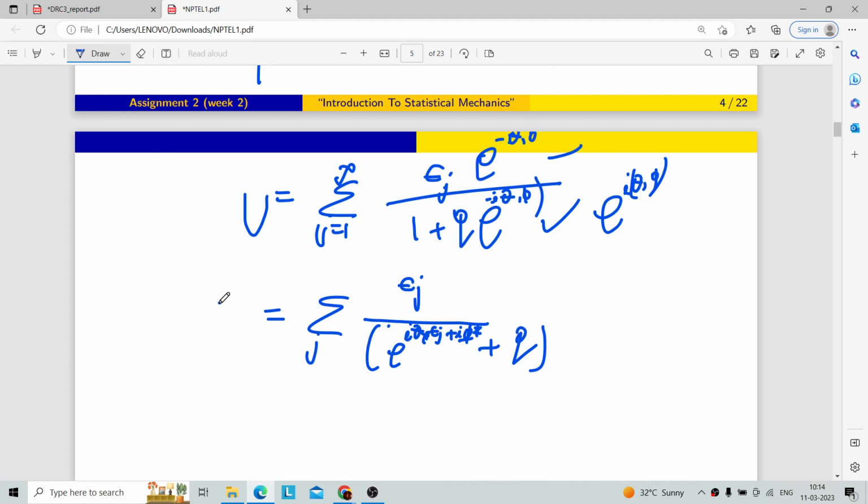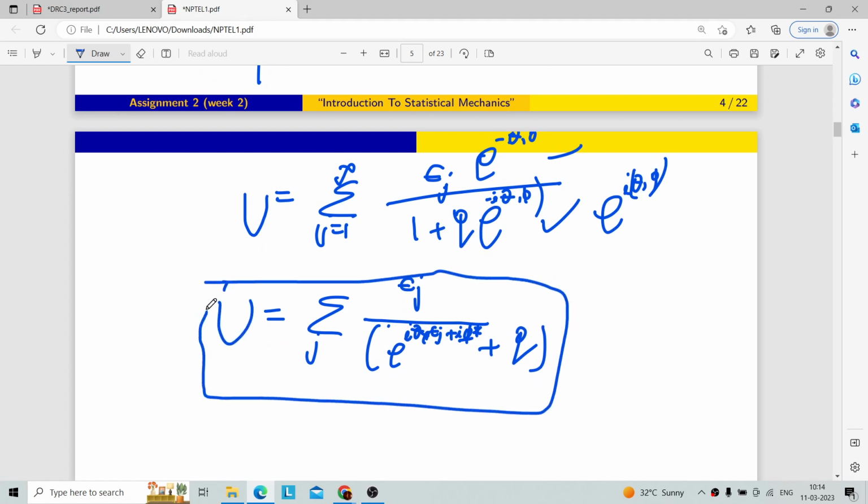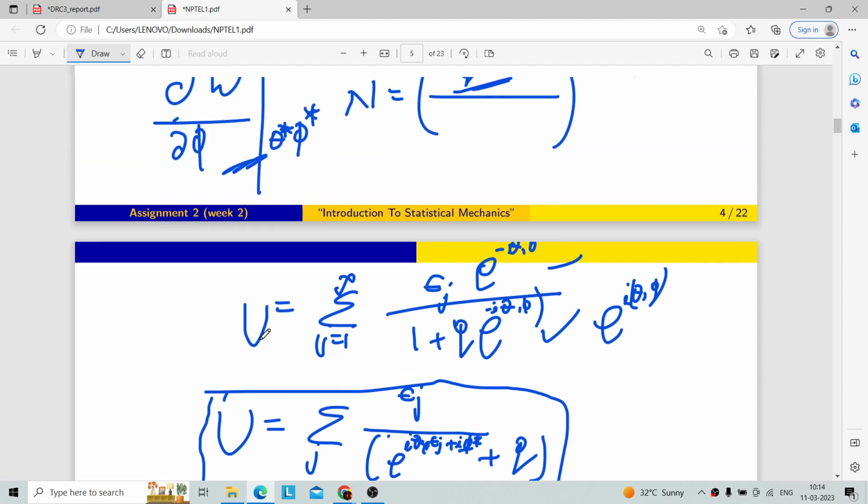which sir got in his class, but he didn't derive it. He told you to derive these things. So I have shown you the steps.